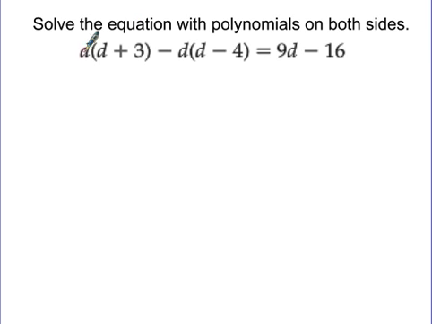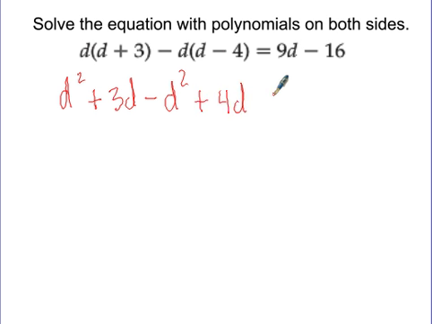So d times d is d squared plus 3 times d is 3d minus d times d is d squared, and then a minus times a minus is a plus 4d, and that equals 9d minus 16.